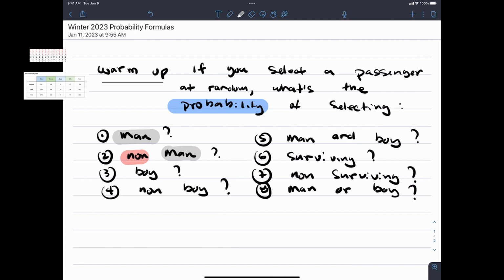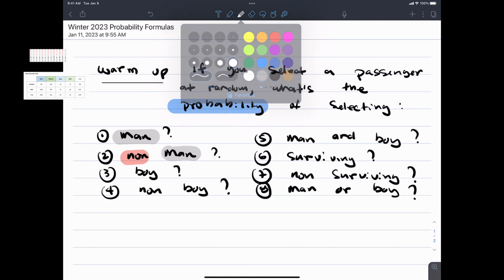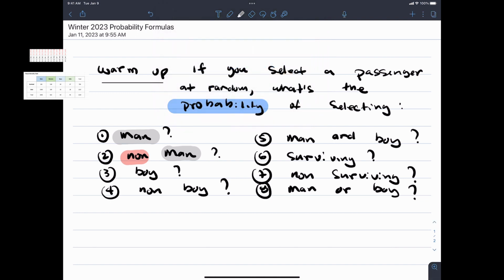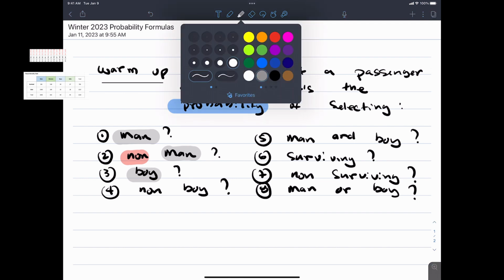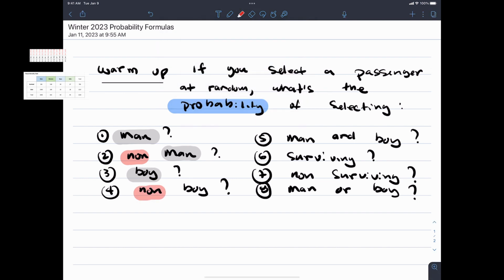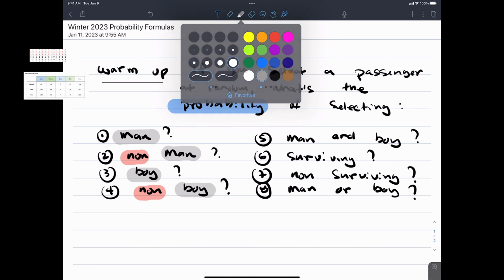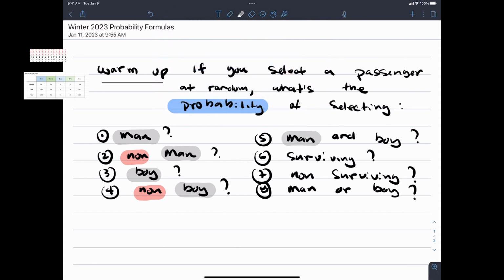What is that? Non-men. Isn't that the complement? Exactly. Anybody else but a man. What's the next question? What's the probability you're a boy? And then what's the probability for the next question? You're not a boy. Everybody else but a boy. And then look at this question. What's the probability you're a man and a boy?